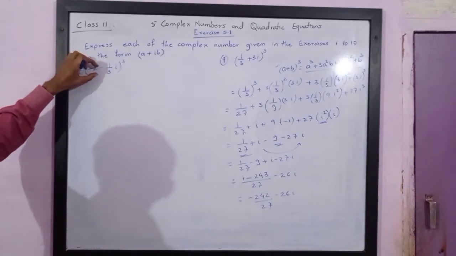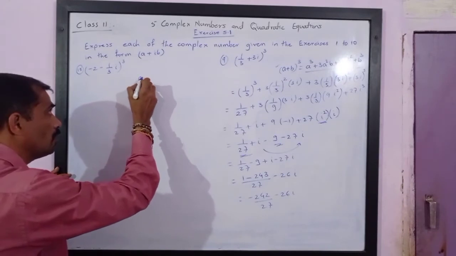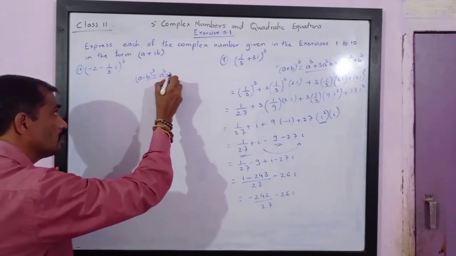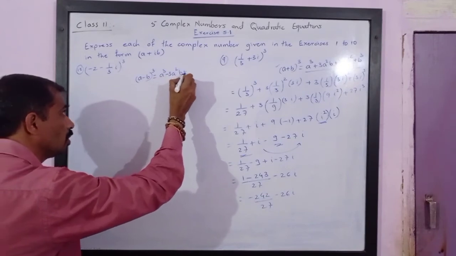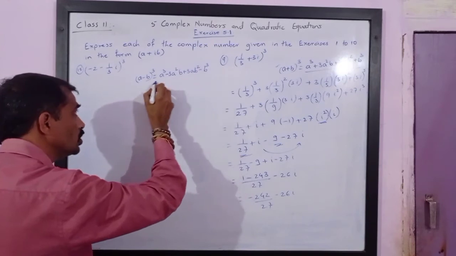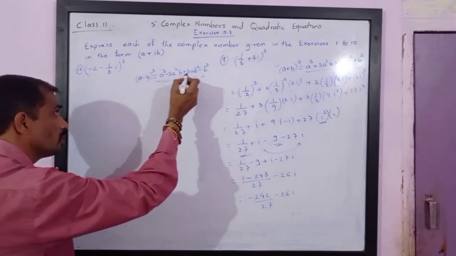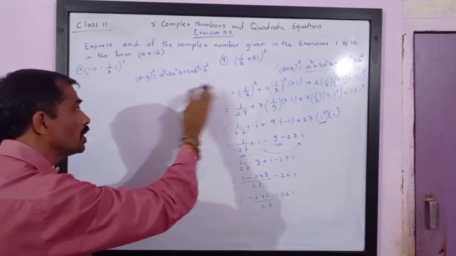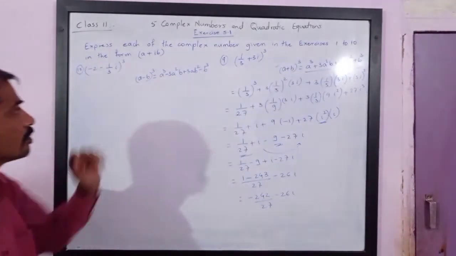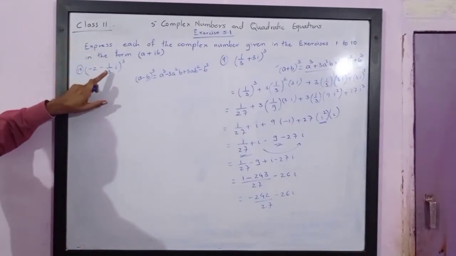Here it is a minus b bracket cube, but a is negative, so we have a minus b bracket cube is equal to a cube minus 3a square b plus 3ab square minus b cube. Please note negative signs are alternate, positive, negative, positive, negative. So in this way you can remember the identities and the difference between the two identities. Now please note a is negative and b is positive.